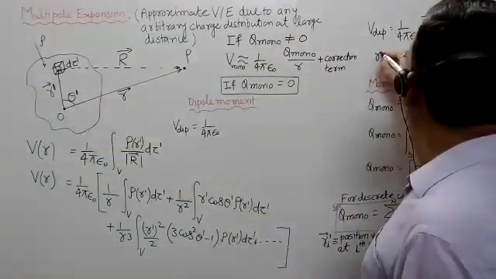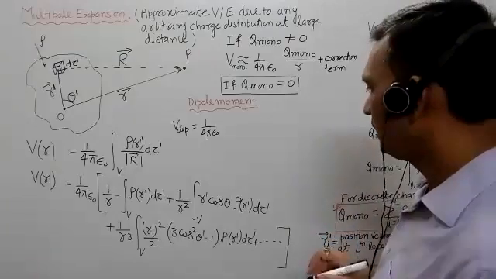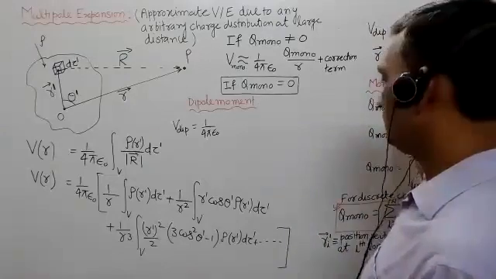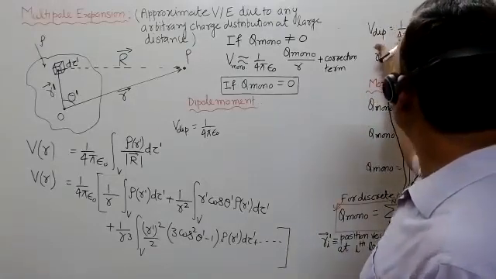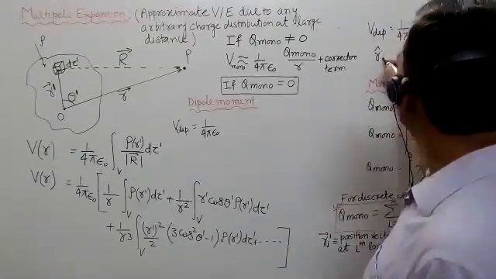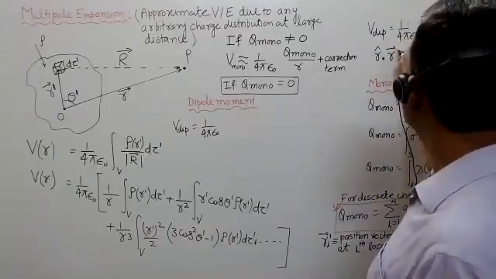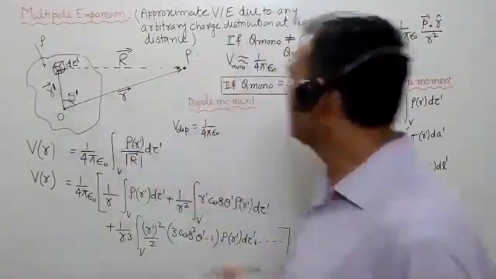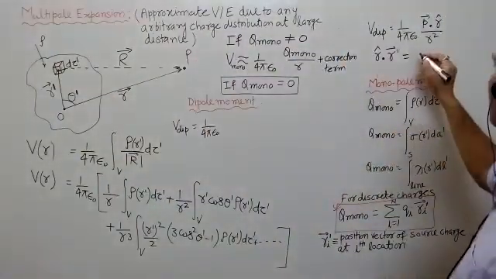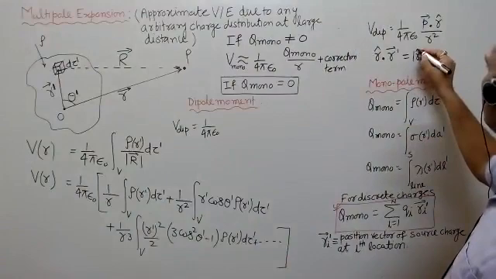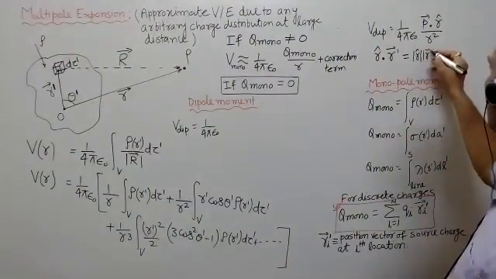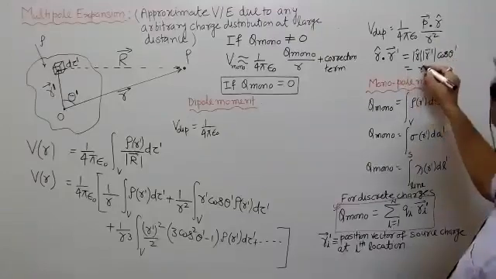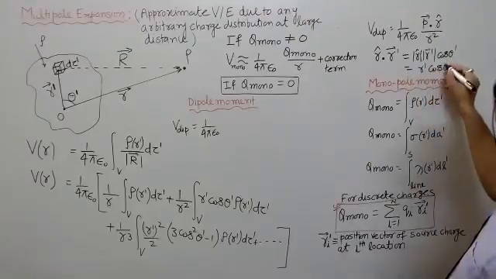What will be the vector r cap dot vector r dash? Let's see, this is r cap and this is r dash. So what will be this dot product? This will be mod r cap mod r dash cos theta dash, or you can simply write this as r dash cos theta dash.